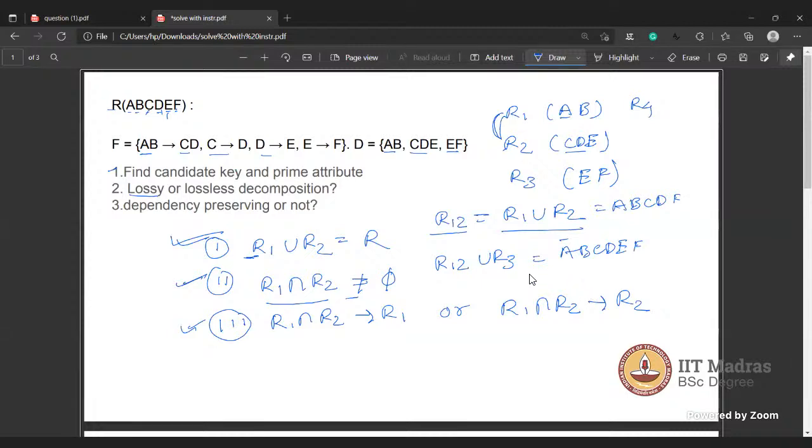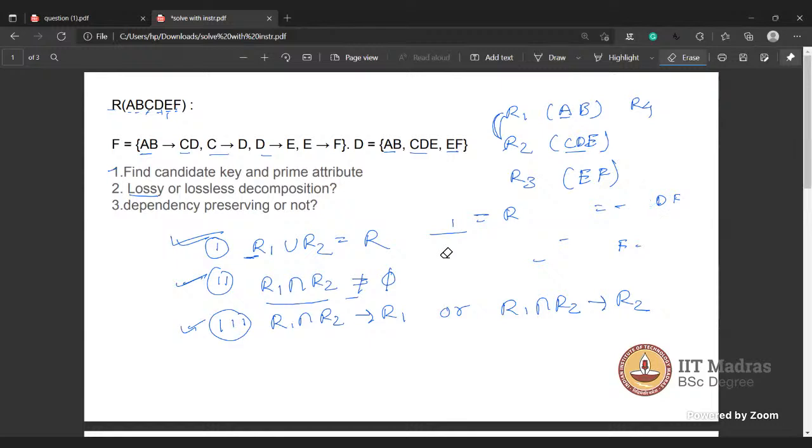So the intersection of R12 and R3 is not phi, not empty. You have clearly mentioned R1 intersection R2, but R1 and R2 alone are not my set. R12 is my R1 and R3 is my R2.